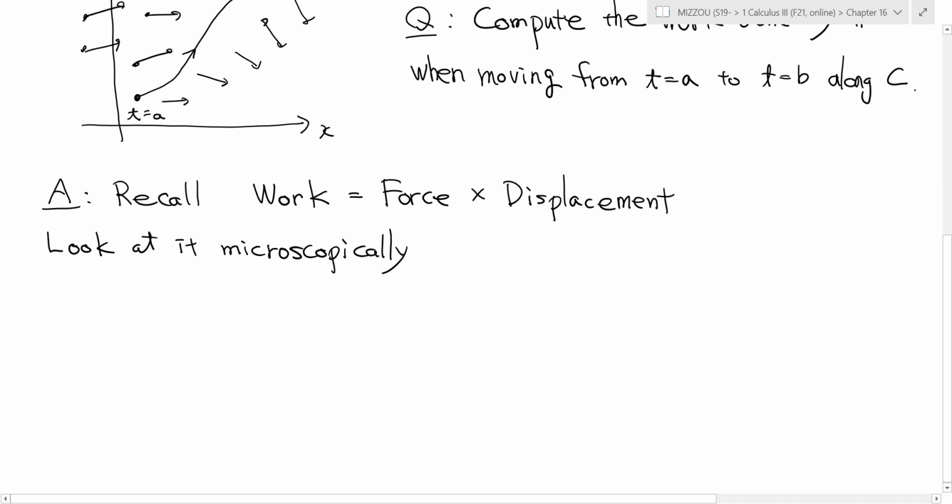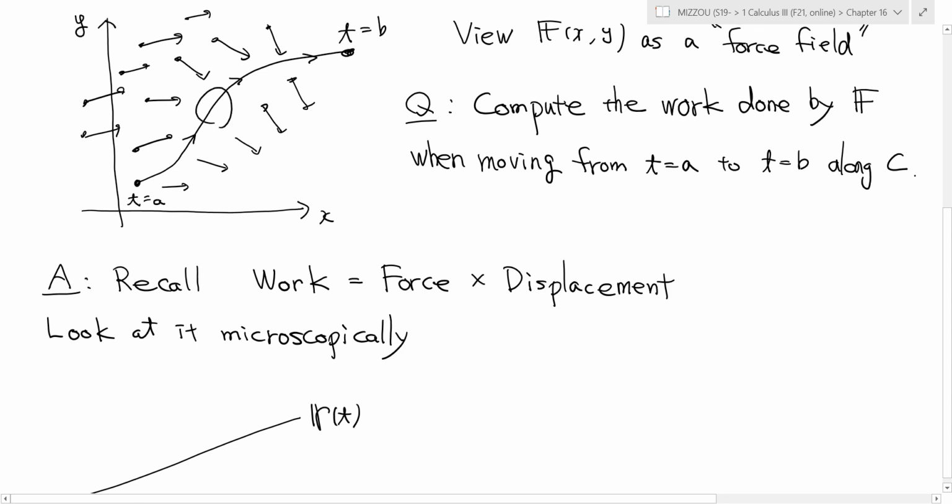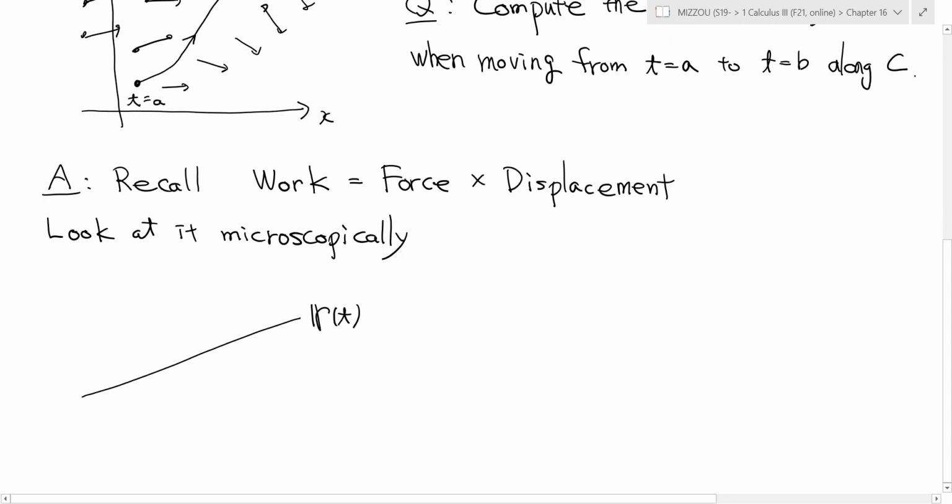The situation is like this. R of t is viewed as a line. If you look at a very small portion of this curve, it is no longer a curve, it's a line. And at time t, suppose you are here. And then suppose at this point, the force is acting in this way. Our vector F is pointing in this way.